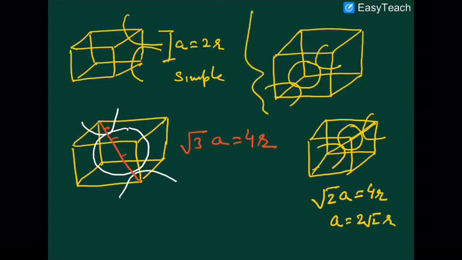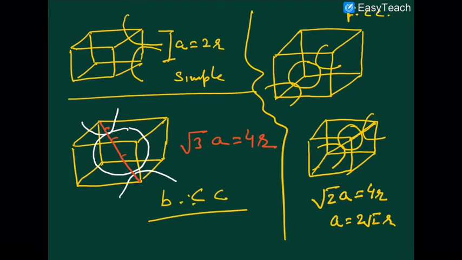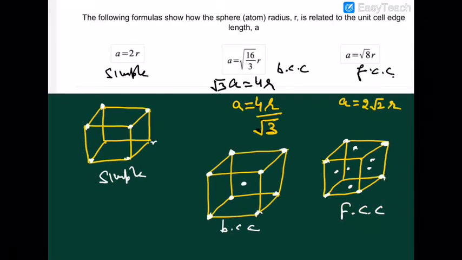So this value is what? This is in case of FCC, this is in case of BCC, and this is in case of simple. Okay, easily understood or not? That is much easier to understand. Now you can again see that a is equal to twice of r in case of simple cubic.